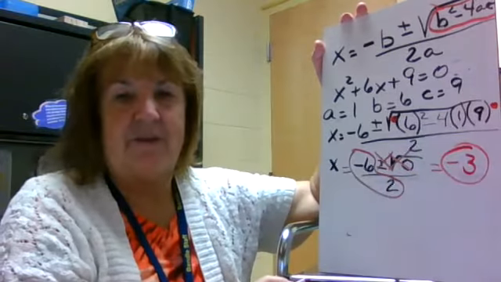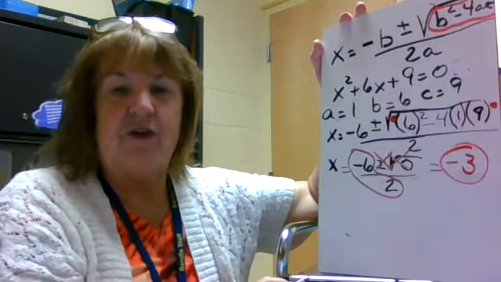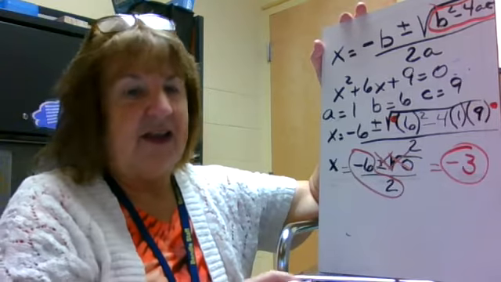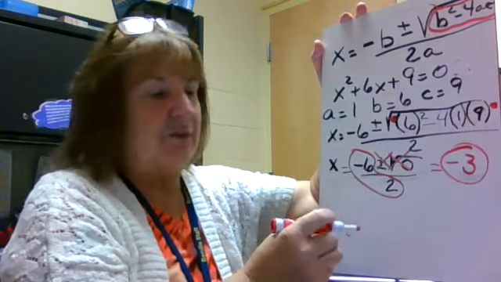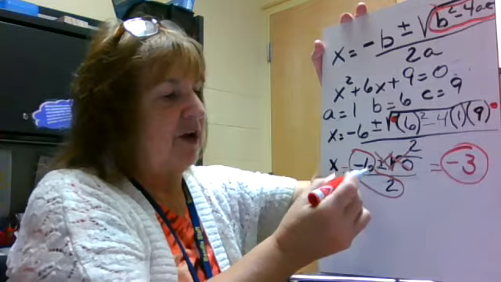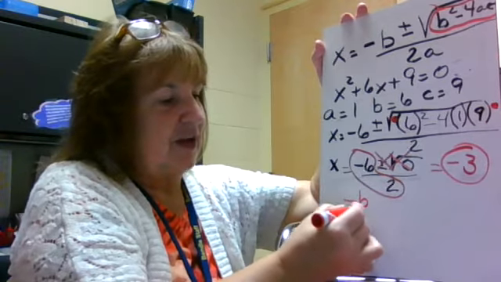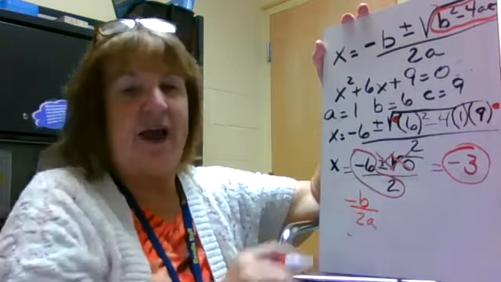There's your answer. So if your discriminant turns out to be 0, then the only answer to the problem is this number here, which is the minus b, and this number here, which is the 2a.